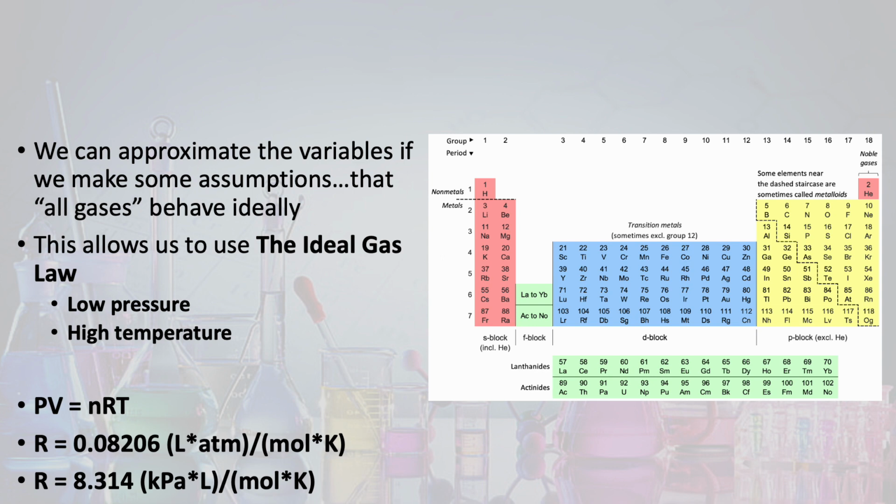And the second value for R we're going to discuss and use is 8.314 kilopascals times liter divided by moles per Kelvin. And again, depending on what information you're given and what you're asked to solve, you have to pick which R suits your question. Again, knowing that technically these values are equal if you interchange and convert between units, right? The biggest difference here being atmospheres to kilopascals.